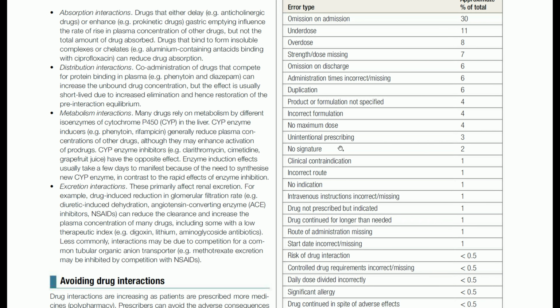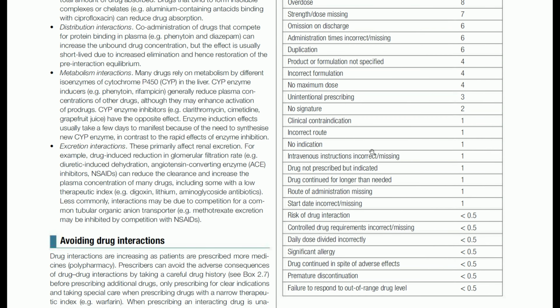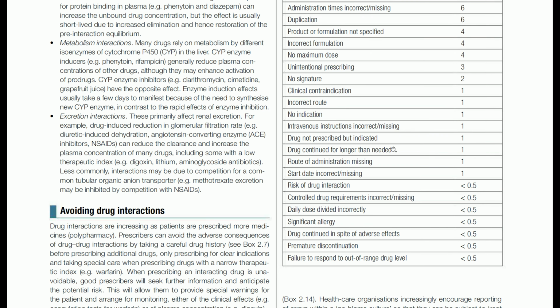Unintentional prescribing 3%. No signature 2%. Clinical contraindication 1%. Incorrect route 1%. No indication 1%. Intravenous instructions incorrect or missing 1%. Drug not prescribed but indicated 1%. Drug continued for longer than needed 1%. Route of administration missing 1%. Start date incorrect or missing 1%. Risk of drug interaction less than 0.5%.